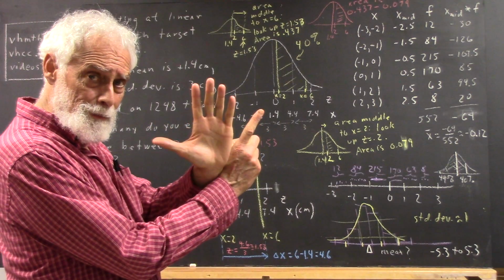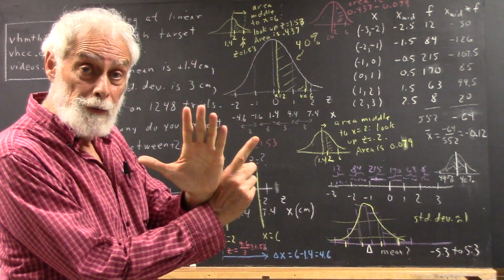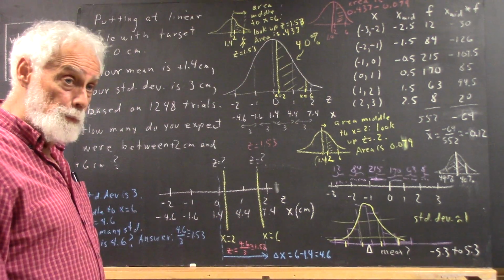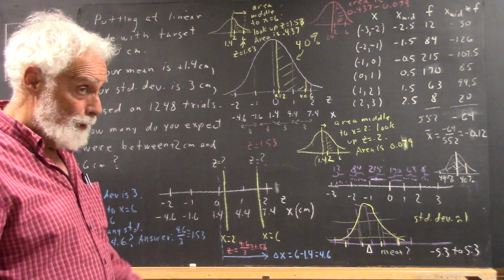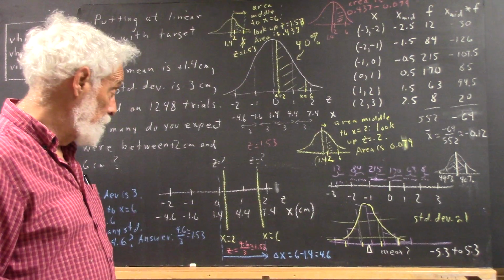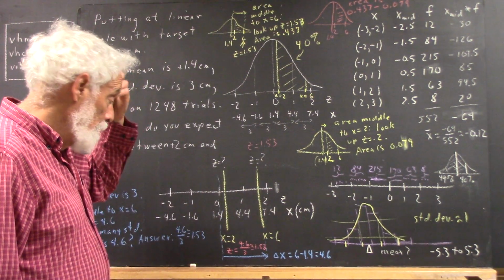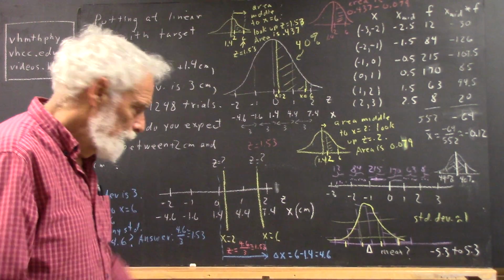Well, I got 6. 6 what? I was counting by tenths, right? So that's 6/10. Of course, if you do 2 minus 1.4, and you should do that without a calculator, you get 0.6. You shouldn't need a calculator. Just subtract 1.4 from 2. And if you do, you need to do more mental arithmetic.